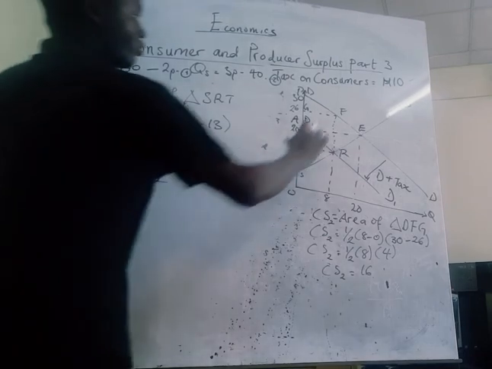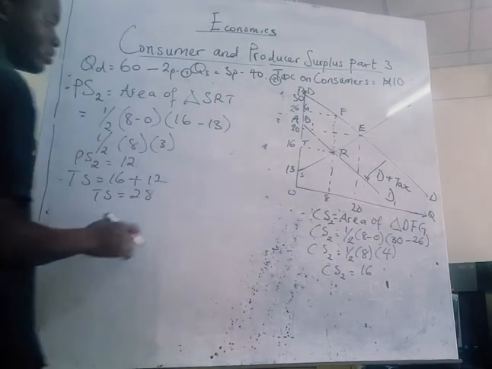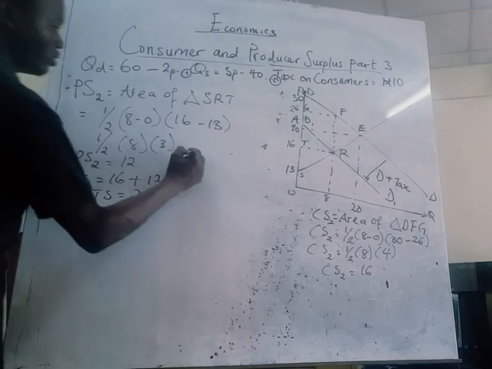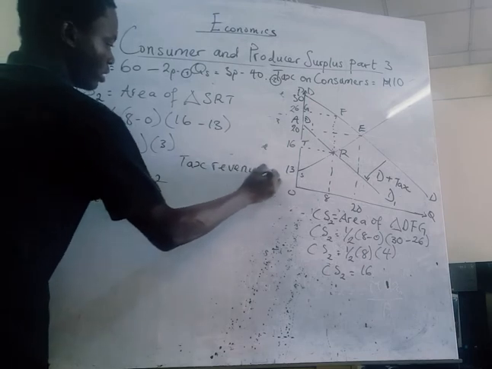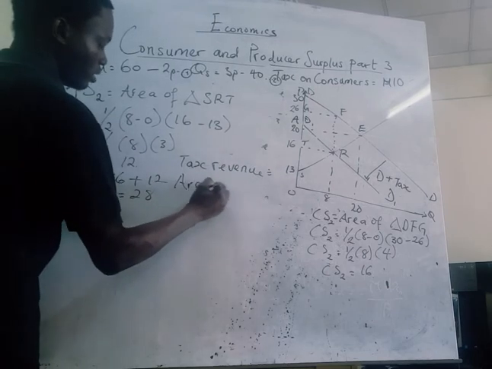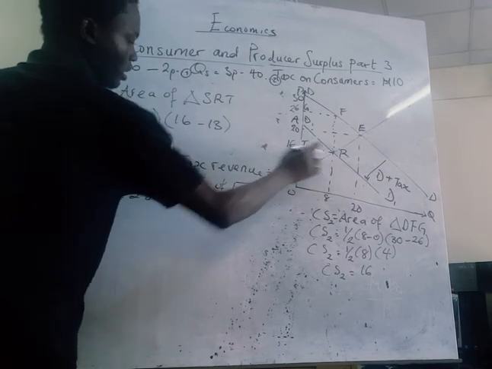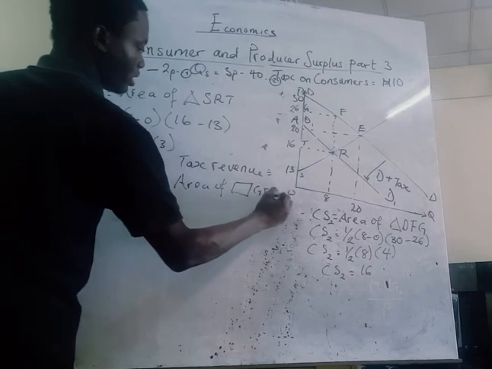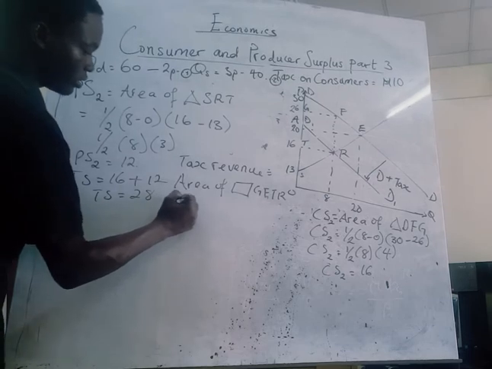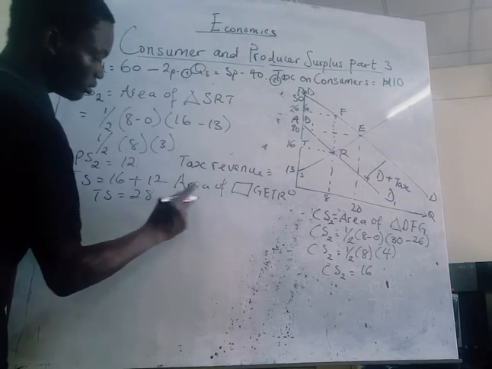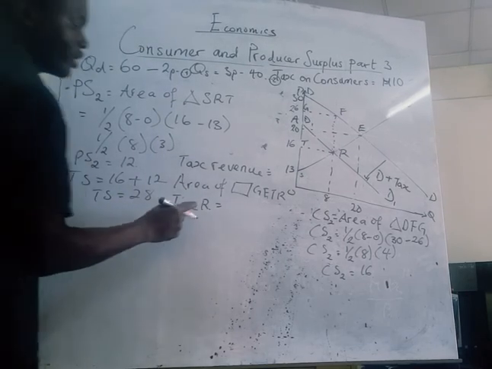Now this rectangle GFTR represents the tax revenue. So the tax revenue equals the area of rectangle GFTR. The area of a rectangle is length times breadth.